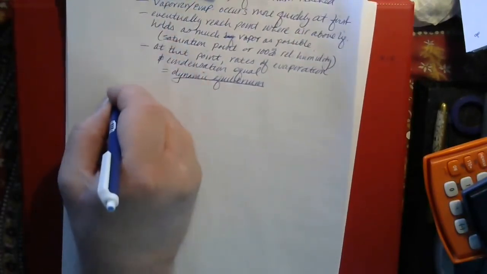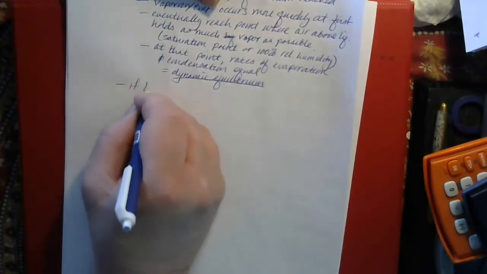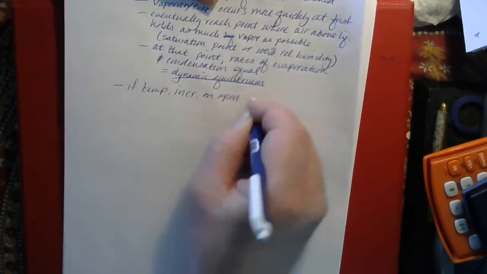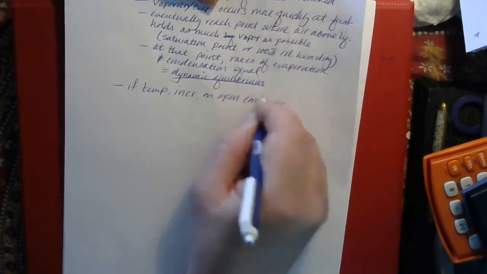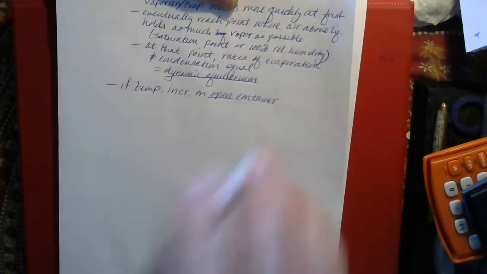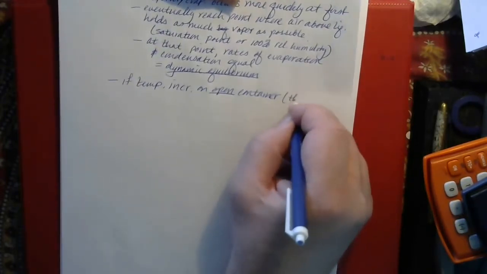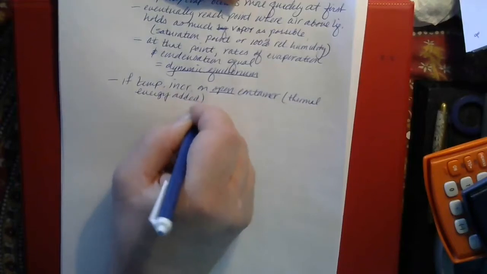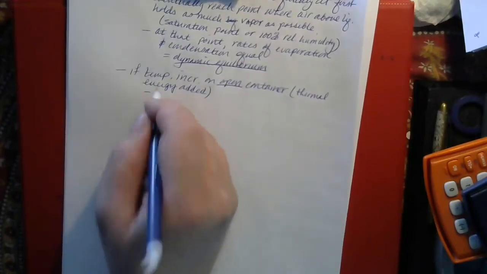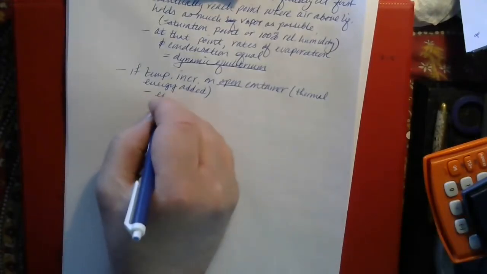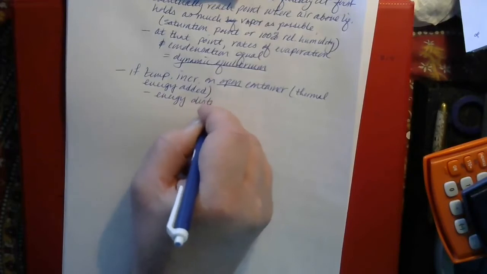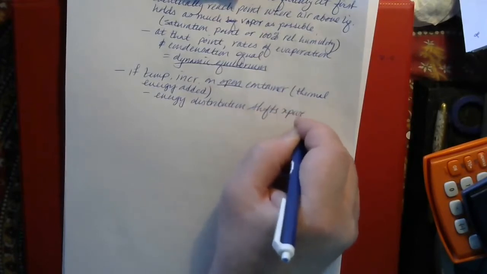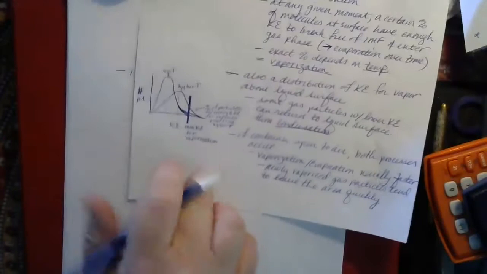This was kind of an aside here. So going back to the open container, if the temperature is increased on the open container, or in other words, thermal energy is added, then the energy distribution shifts upward, like I was showing in that little diagram I drew here.